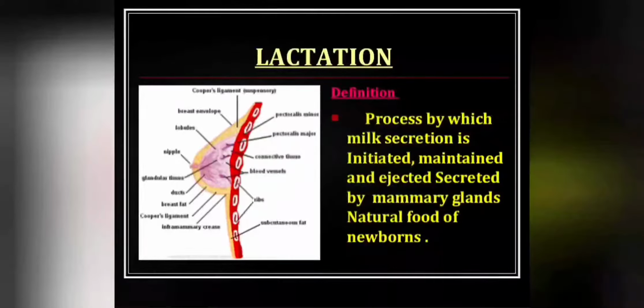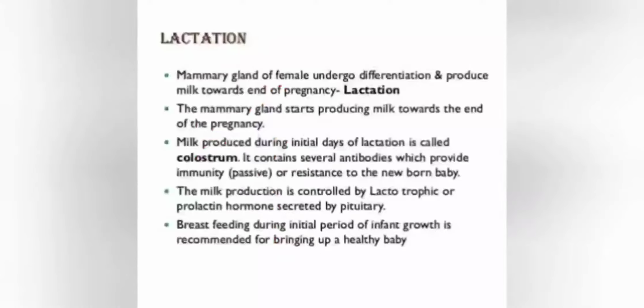because we are mammals, the mammary glands produce a secretion called milk. The mammary glands secrete milk under the influence of a hormone called prolactin. So lactation is a very important part of the development of the newly born child.